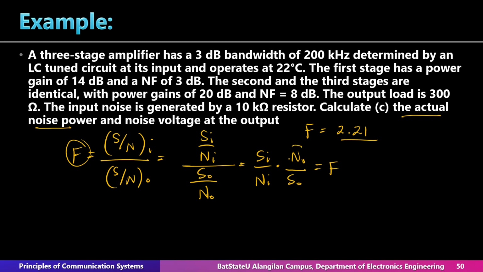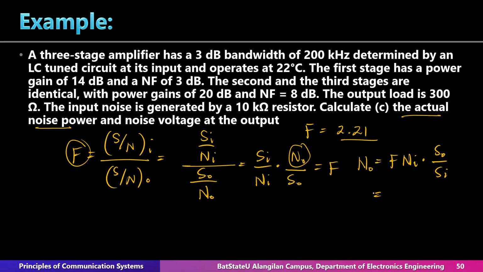So, to solve for the noise power at the output, we have the overall noise factor times the noise power at the input times the signal power at the output divided by the signal power at the input.